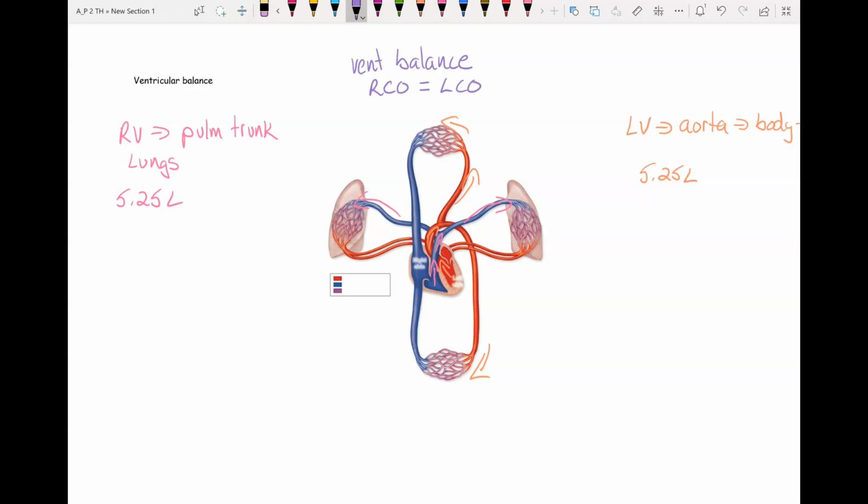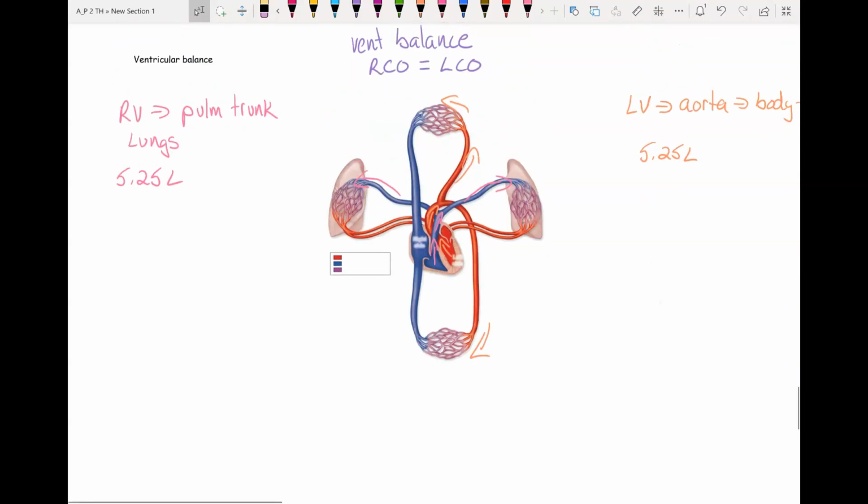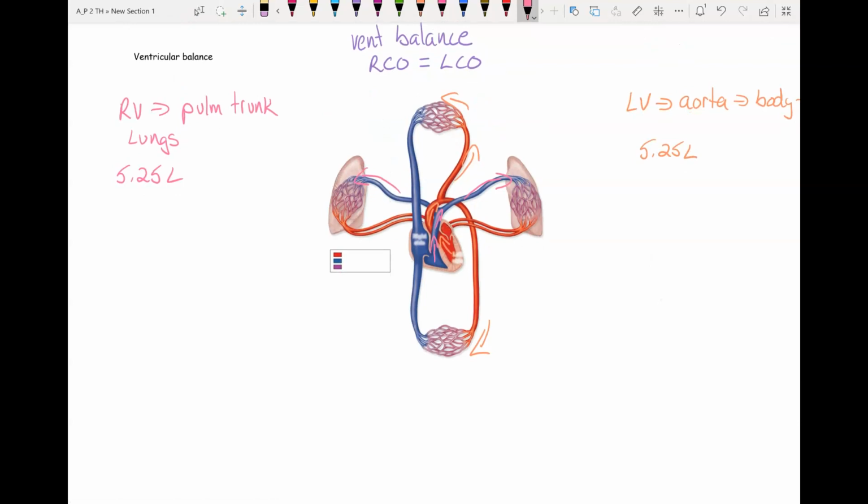But not everyone has ventricular balance. You can have problems with your heart in which you no longer have ventricular balance. The problems can be on the right or on the left. If you have damage or weakness, the muscle is weak on the right side of the heart, then it will have a lower cardiac output.